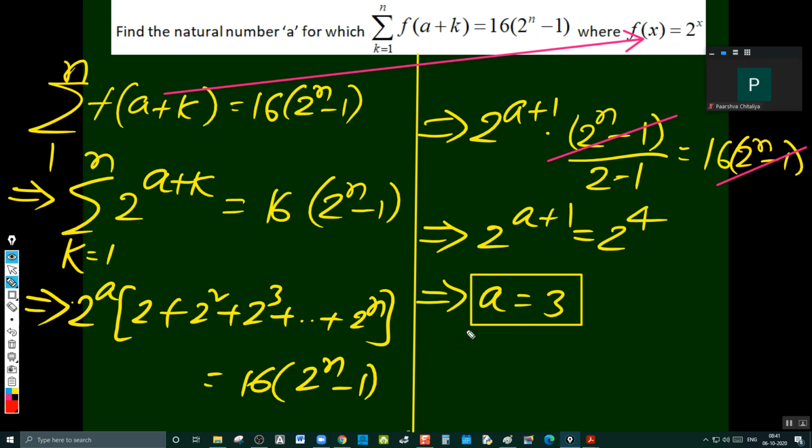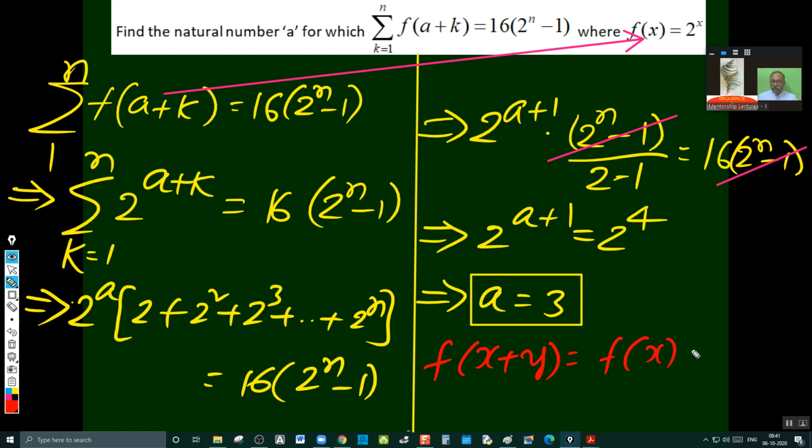I'm just reminding you in red color. f of x plus y equals f of x into f of y, like that. They will give you some value of the function for a constant, something like f of 1 is equal to 2. Then in that case, what happens?